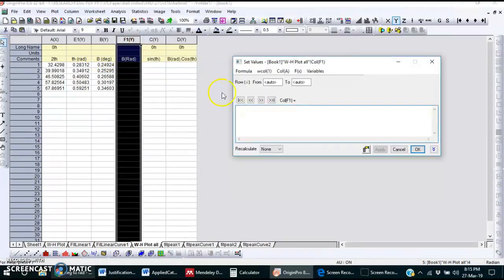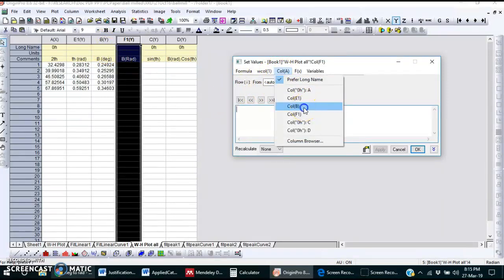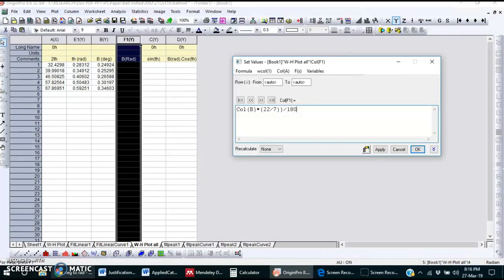Set column values, again this column B. This is in degree, so we need to multiply it with 22 by 7 and then divide by 180. So it was in degree, now it is in radian. Apply this.